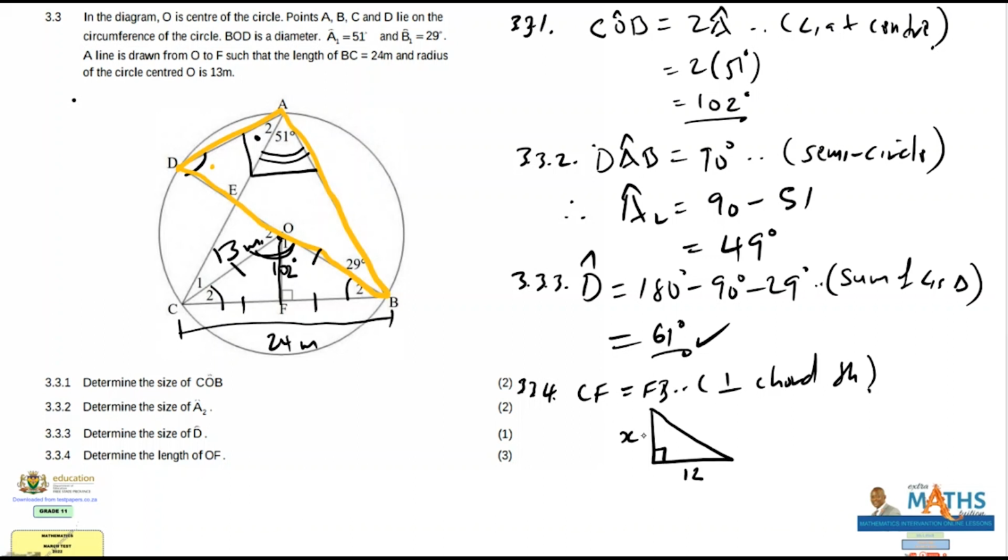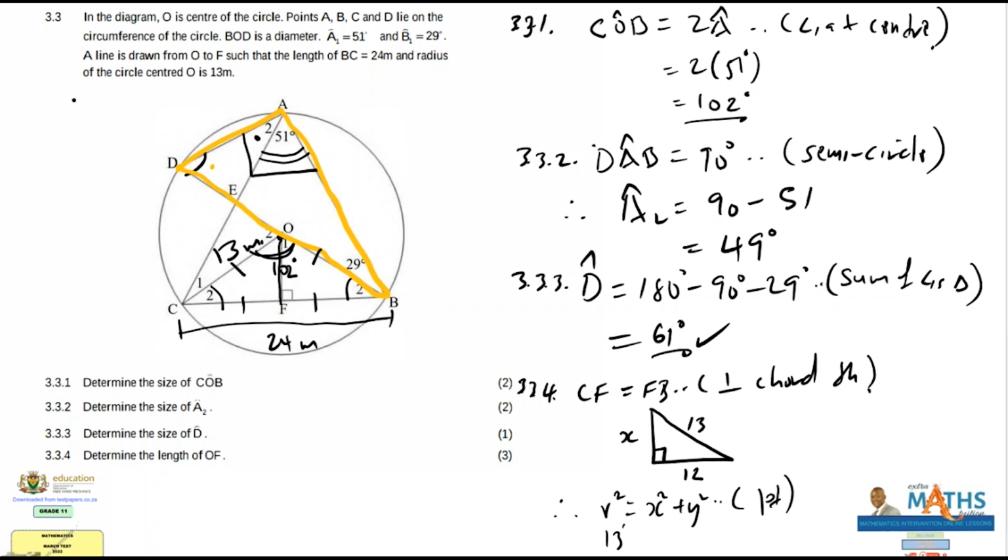I'm looking for OF, and I can call it X. And then we said the radius is 13. Therefore, r squared equals x squared plus y squared. What is the reason? It's the theorem of Pythagoras.